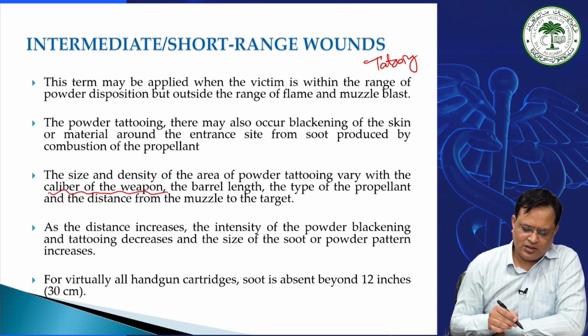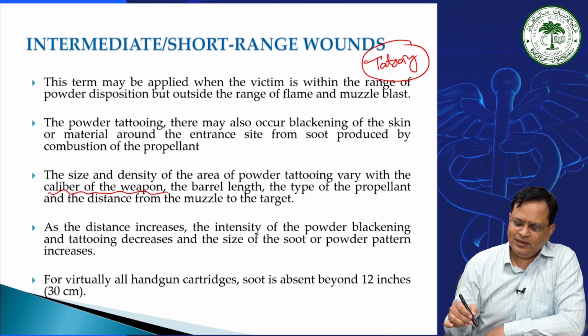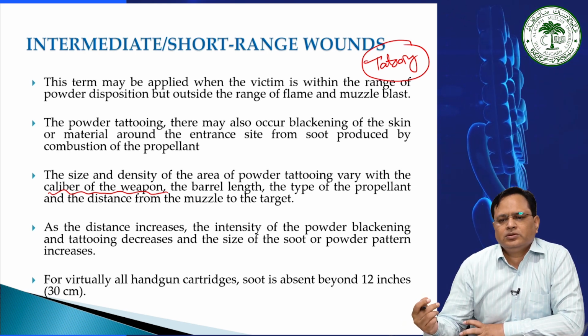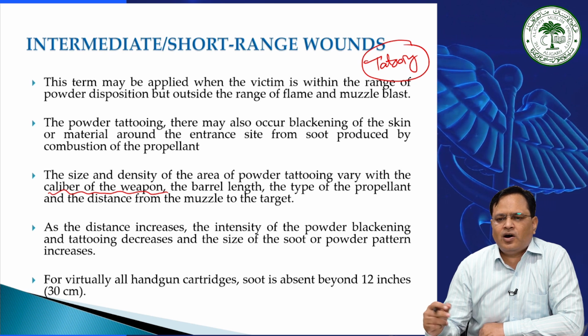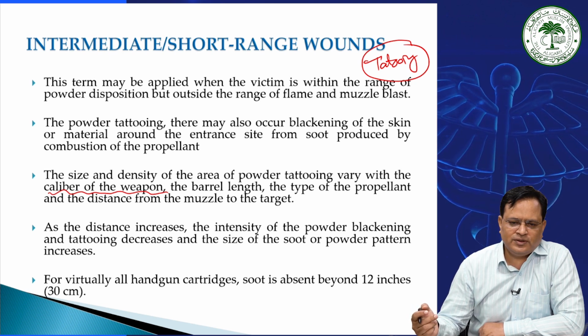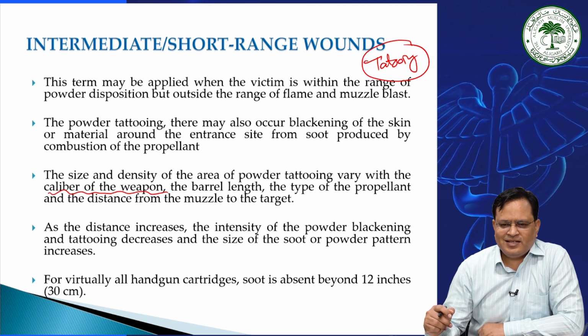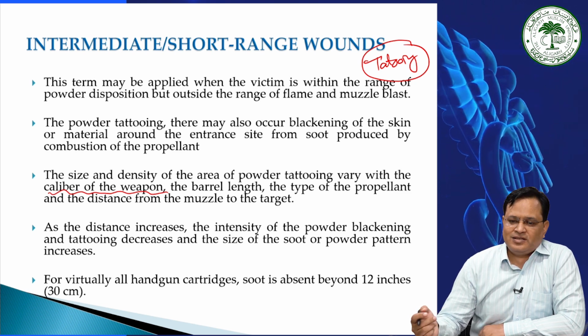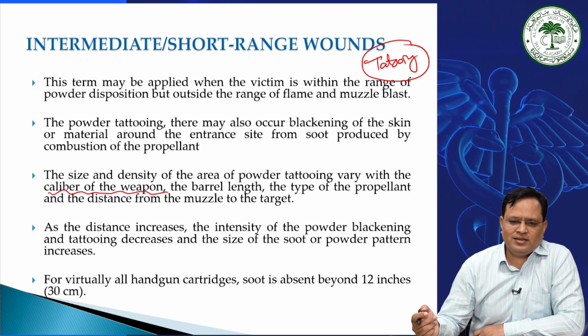So this tattooing and blackening can be used to determine which type of weapon may have been used. As the distance increases, the intensity of powder blackening and tattooing decreases, and the size of the soot or powder pattern increases.